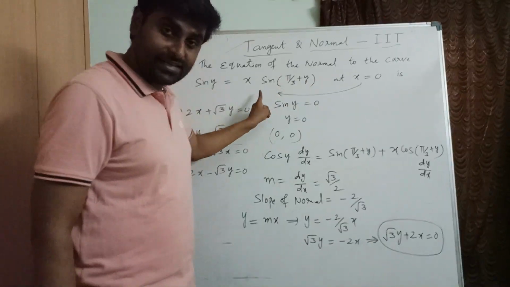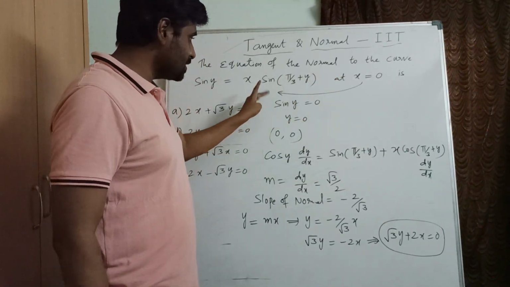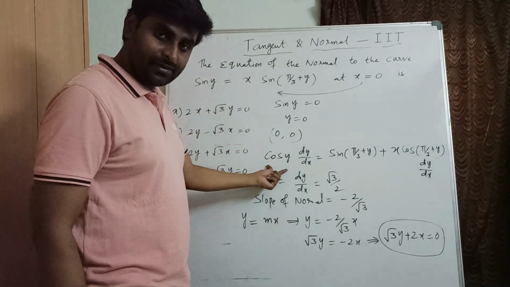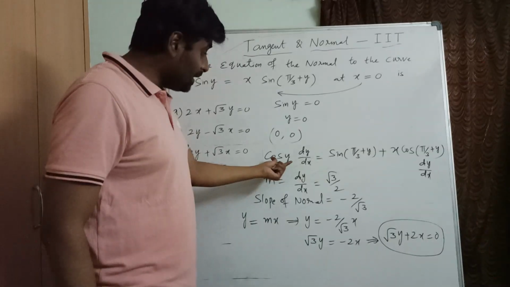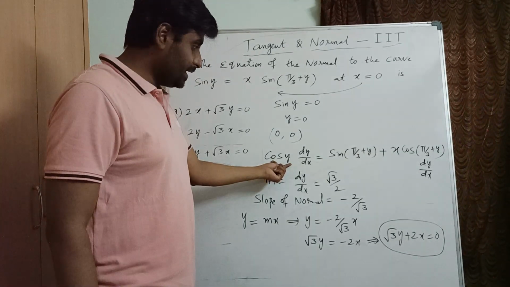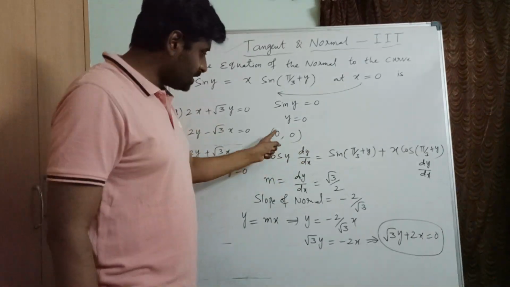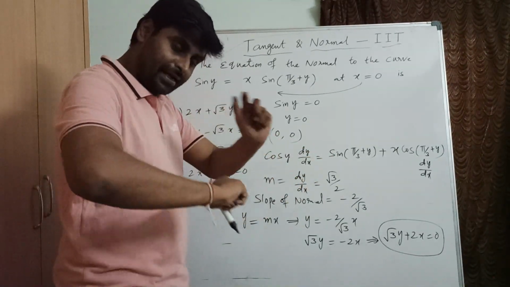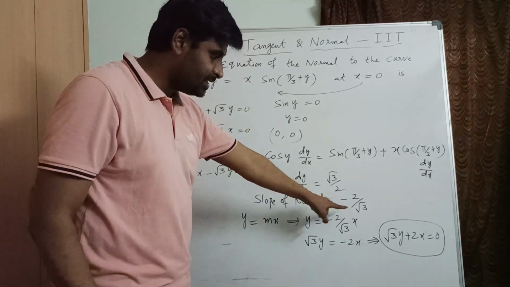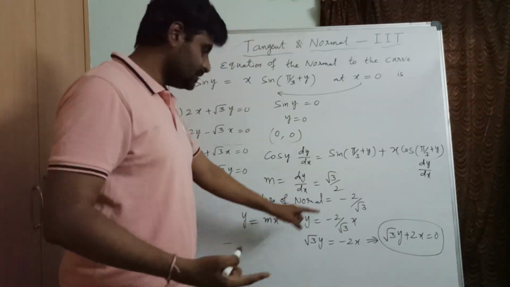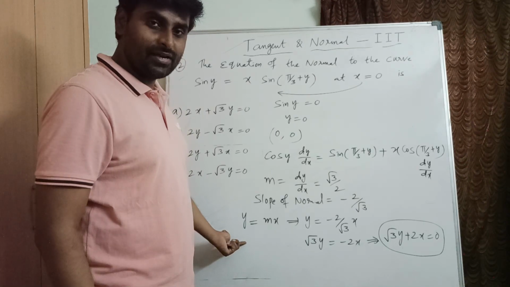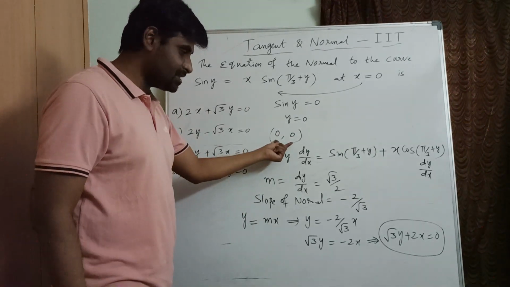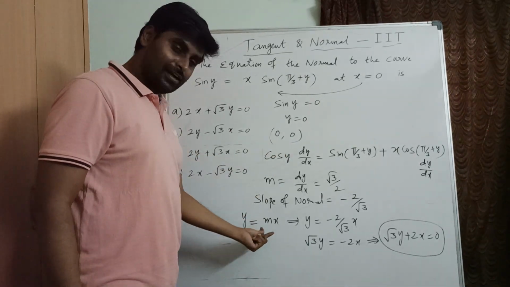First, finding the point is important. By taking x equals 0 in the curve, we'll get the point of contact. After that just differentiate in one step. Don't make it lengthy. Okay? By differentiating in one step, then substituting 0 comma 0, we'll get the slope of the tangent. After that, if you take the reciprocal of that and change the sign, we'll get the slope of the normal, then we'll get the equation of the normal. Whenever the equation of any line passes through 0 comma 0, it will be in the form of y equal to mx.